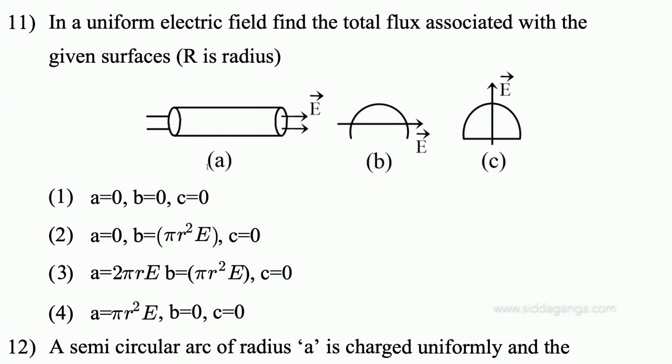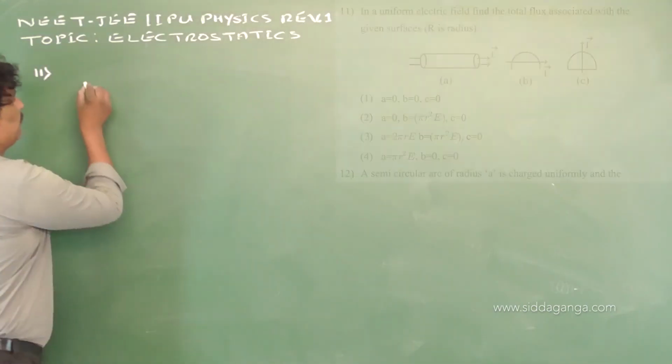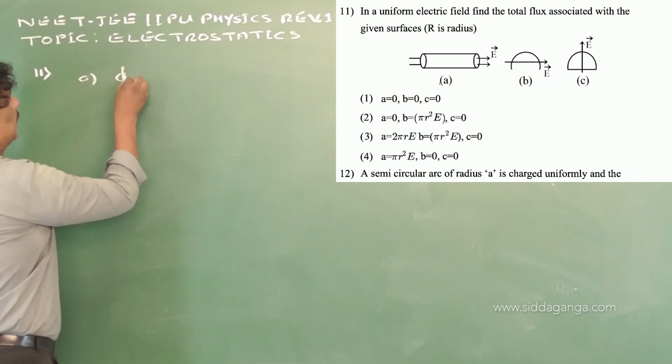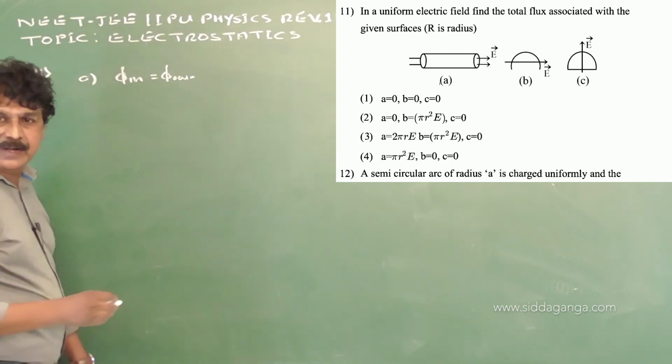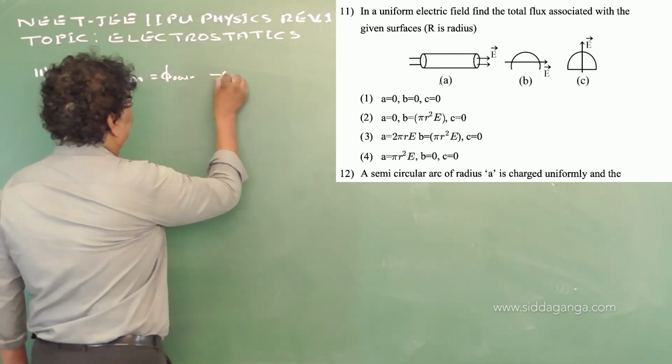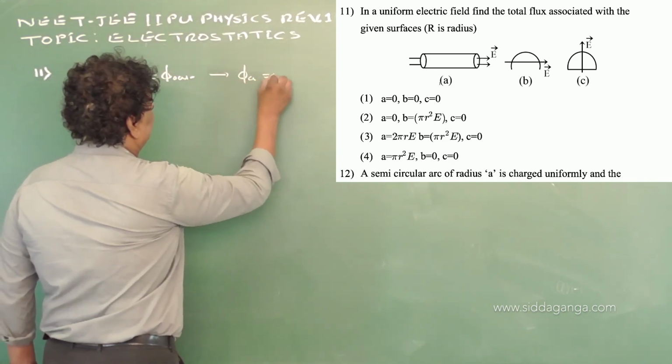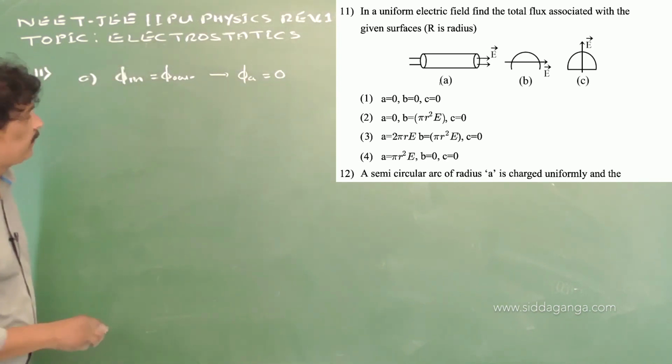Question number 11. In a uniform electric field, the total flux associated with the given surfaces, R is the radius. In figure A, the inward flux is equal to the outward flux, they are closed surfaces. Therefore, phi A is equal to 0.